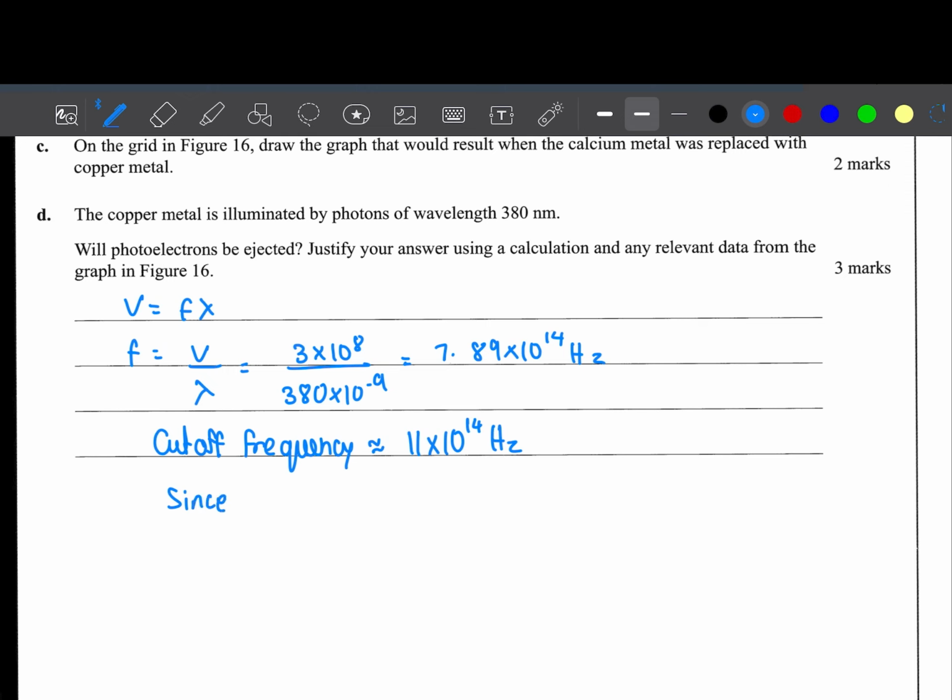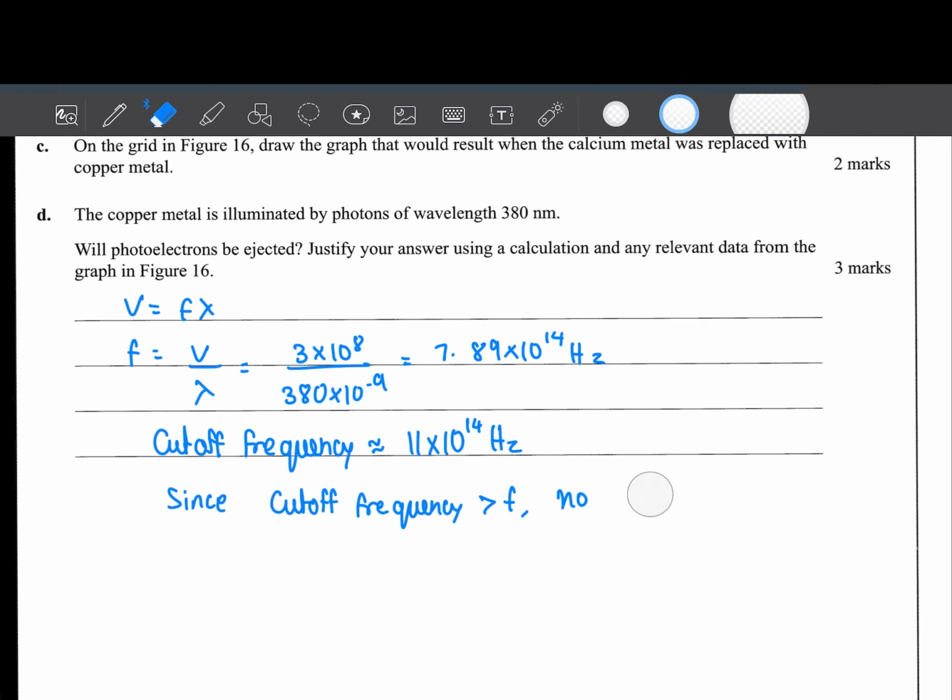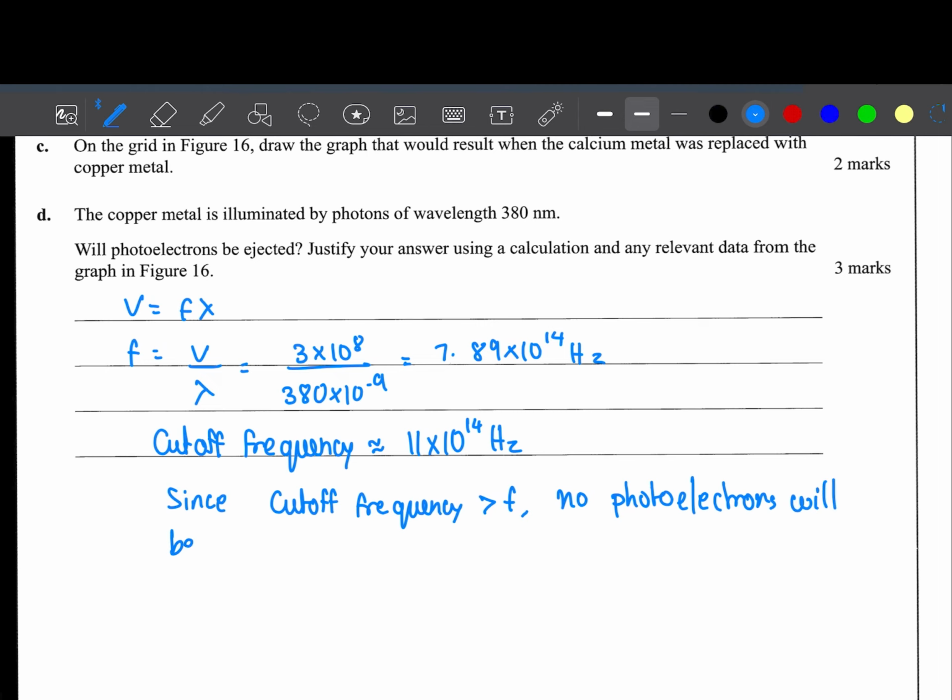Since the cutoff frequency is greater than F, no photoelectrons will be ejected.